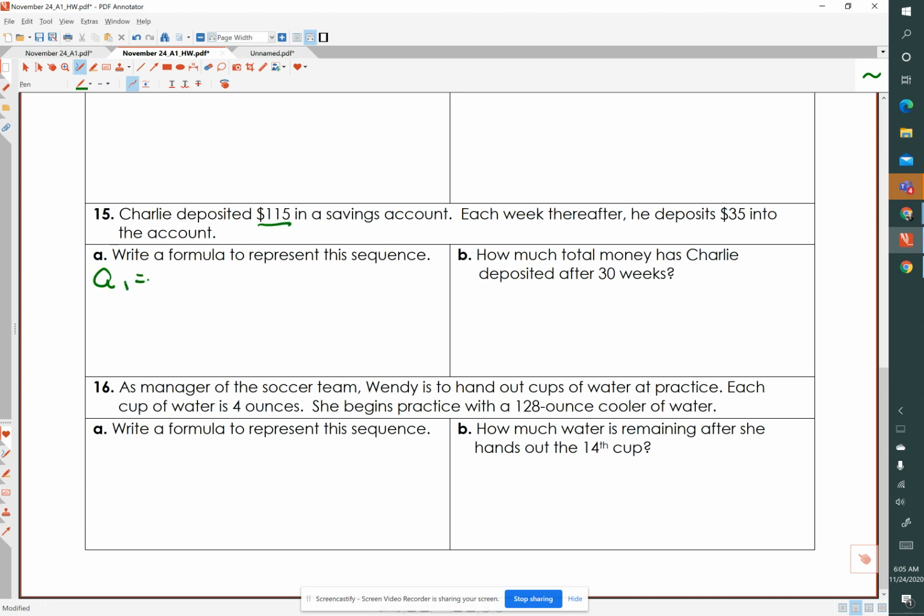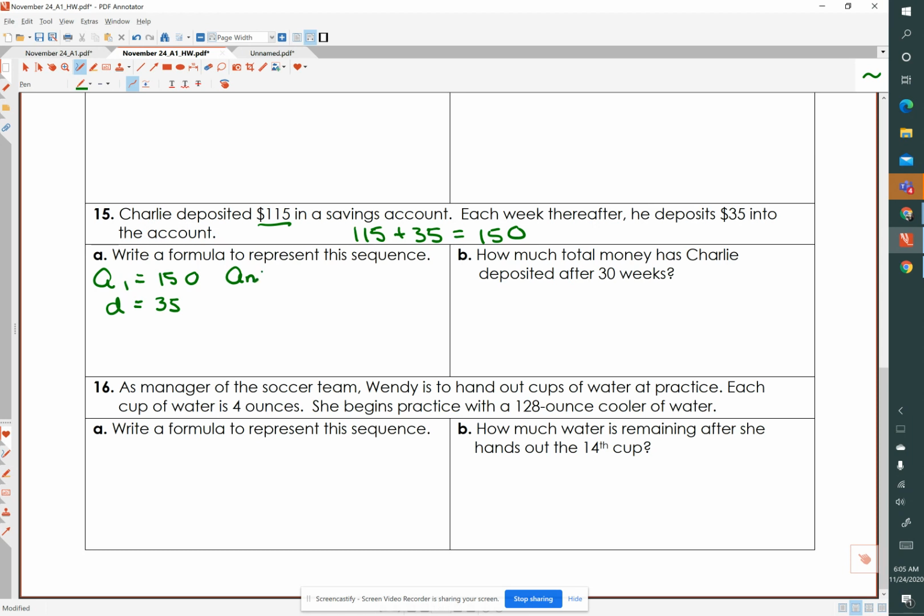So our a sub 1, so he deposited $115 and then he deposits $35. So our a sub 1 is 115 plus 35, which is 150. And our common difference is 35 because he's depositing 35 per week. It's a good start to his savings.